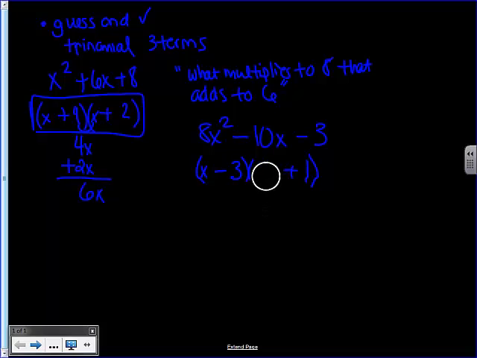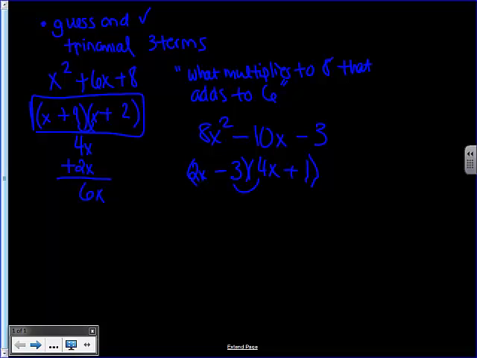Well, what else multiplies to 8? We could try 2 and 4. So let's try that. 2x and 4x. Now let's check it. Check my inner.